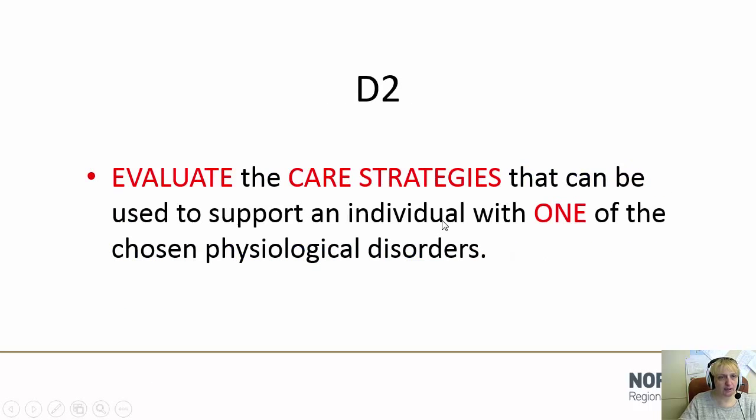Okay, very quickly then, we'll look at evaluating the care strategies. And again, you're really looking at each one of the care strategies that you've prescribed for your patient, and they might be medication. And I think I did say, ideally, that you would include complementary therapy in one of your care strategies. Most of these conditions will have some complementary therapy that patients can try. Now, the reason I said that at the time was because of this distinction too.